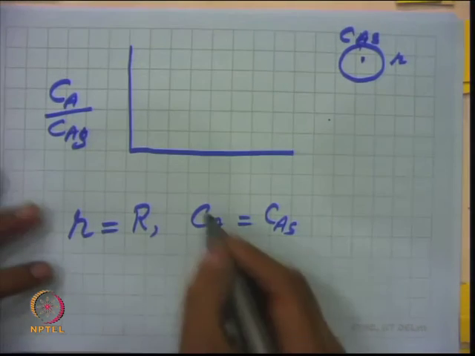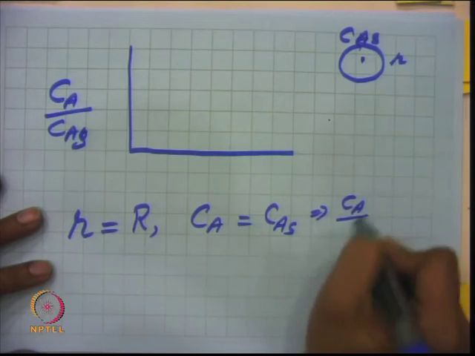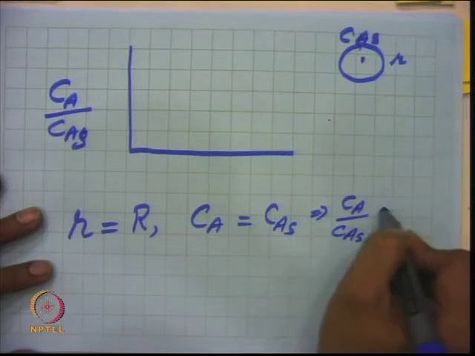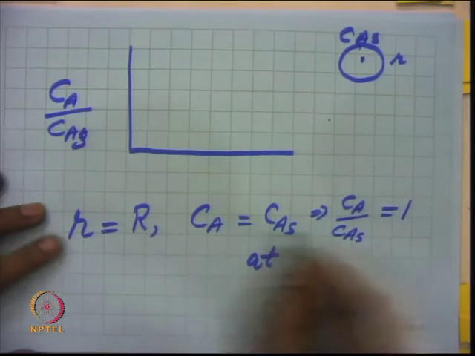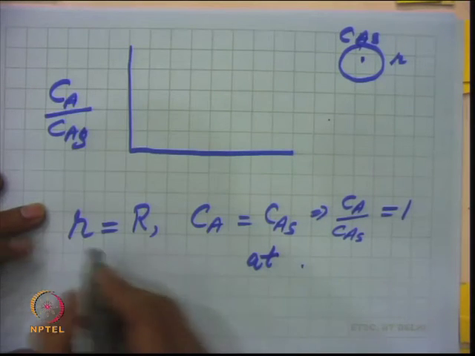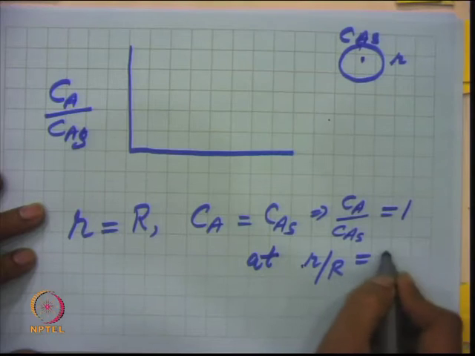So Ca by Cas will be 1 at the dimensionless position r by capital R equal to 1.